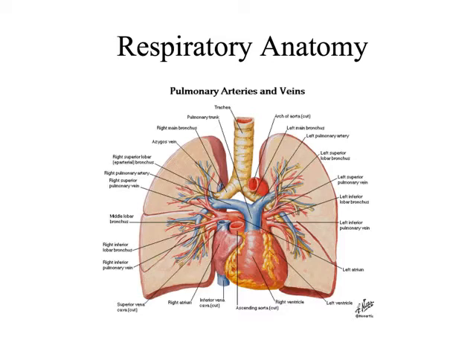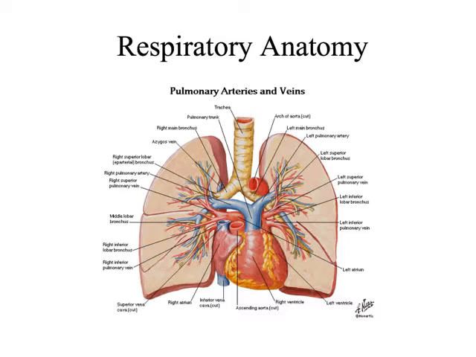But the blood being pumped out of the heart into the pulmonary artery, so this is the only artery in the body carrying deoxygenated blood to the lungs, where it will be reoxygenated and then pumped back into the heart through the pulmonary veins into the left atrium.